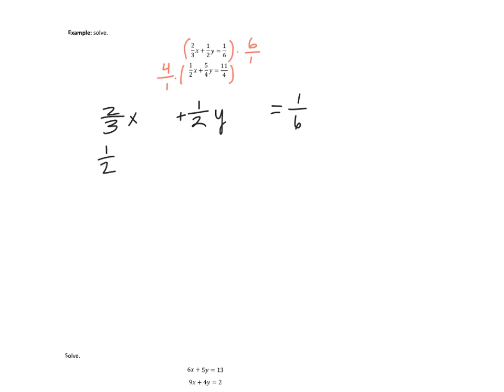So I'm writing out the equations without multiplying anything first. Okay, so we're going to multiply each term by 6. Multiply each term on the bottom by 4.